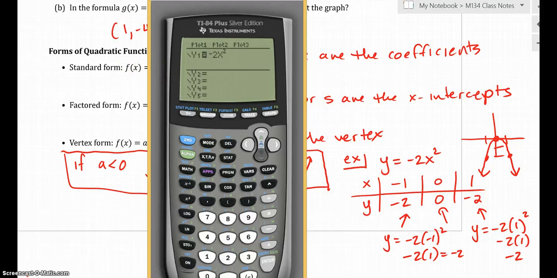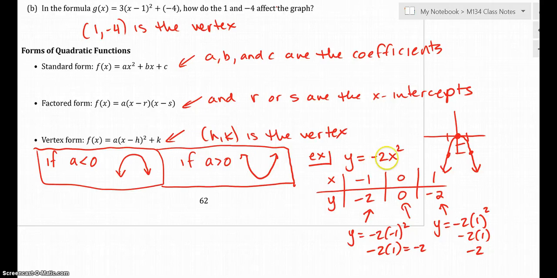Versus if you plugged in something that's positive, like on y2, let's plug in 2x squared and see if that is indeed upward. So again, when the coefficient in front of the x squared is positive, it goes upward, and when the coefficient in front of the x squared, one of these a's, is negative, it goes downward. This is going to be very useful in our next example, which we'll see in our next video.